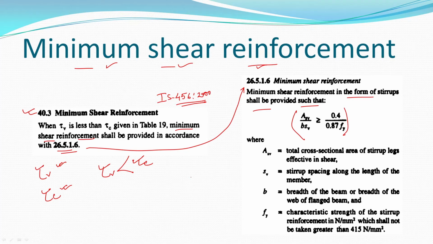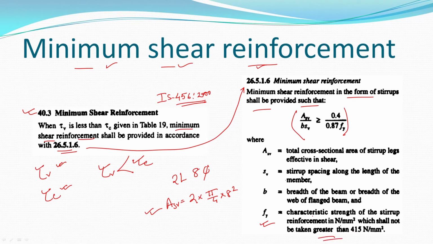Now if I am providing a two leg stirrup, suppose two leg stirrup and diameter is 8, so what will be the value of Asv? Asv equals 2 into pi by 4 into 8 square. Okay, now fy value you already know, this is the characteristic strength of the stirrup reinforcement in Newton per millimeter square, which shall not be taken greater than 415 Newton per millimeter square.